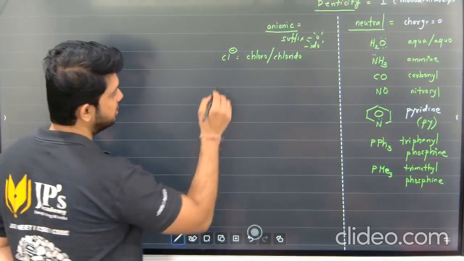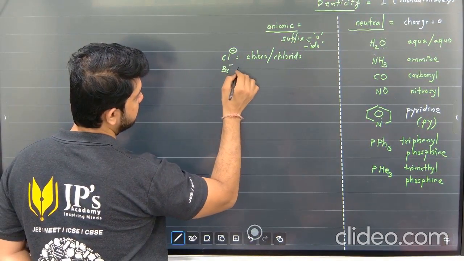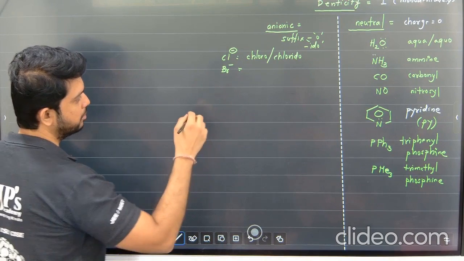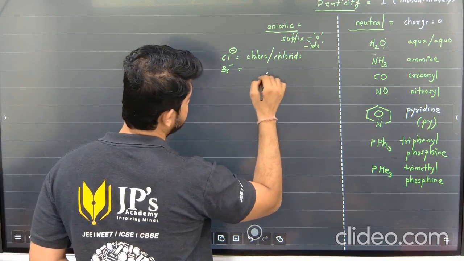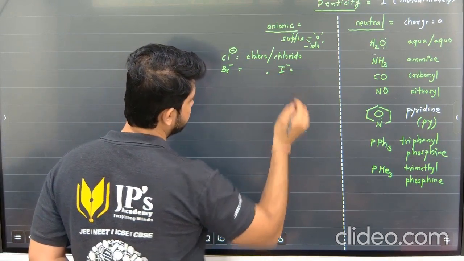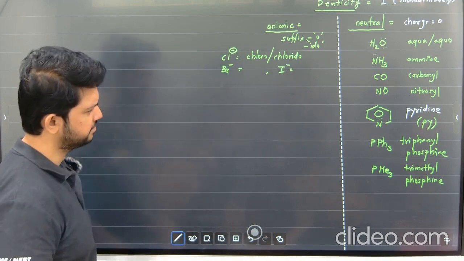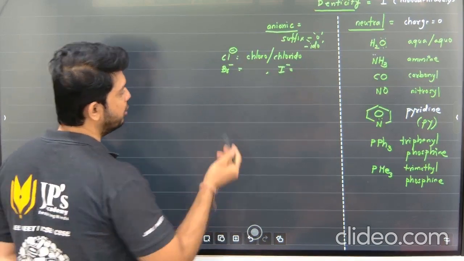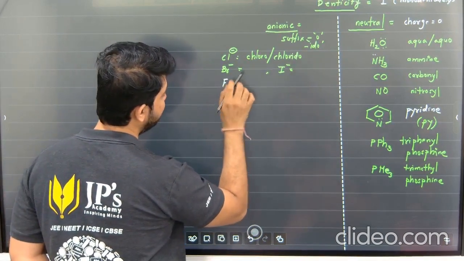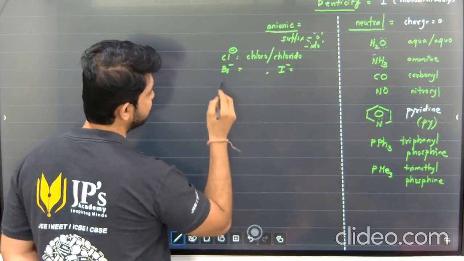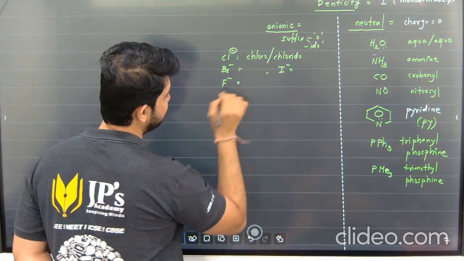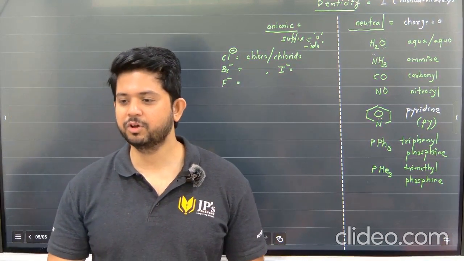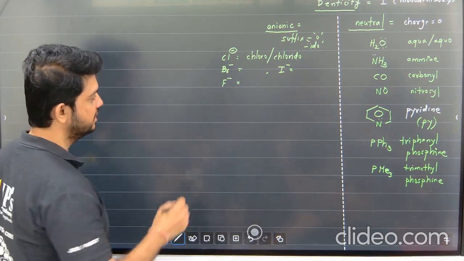Br minus is bromo or bromido. I minus is iodo or iodido. F minus is fluoro or fluorido.